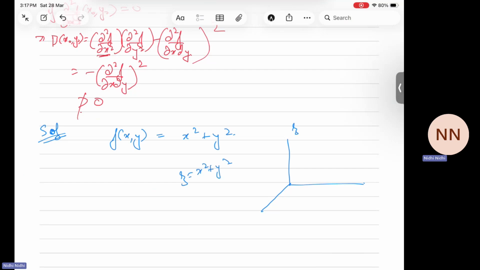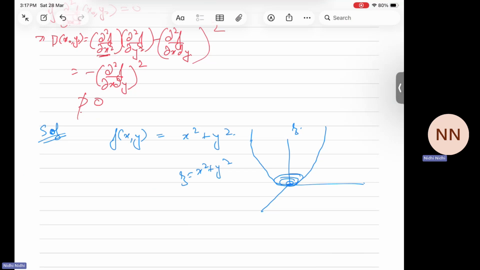So if this is the z axis, it's a collection of all the circles with every positive possible radius. So all the points like this. So basically this is something like this. So clearly you can see that it has a global minimum, but it will blow up. It's increasing everywhere. So you can't look for a local maximum.